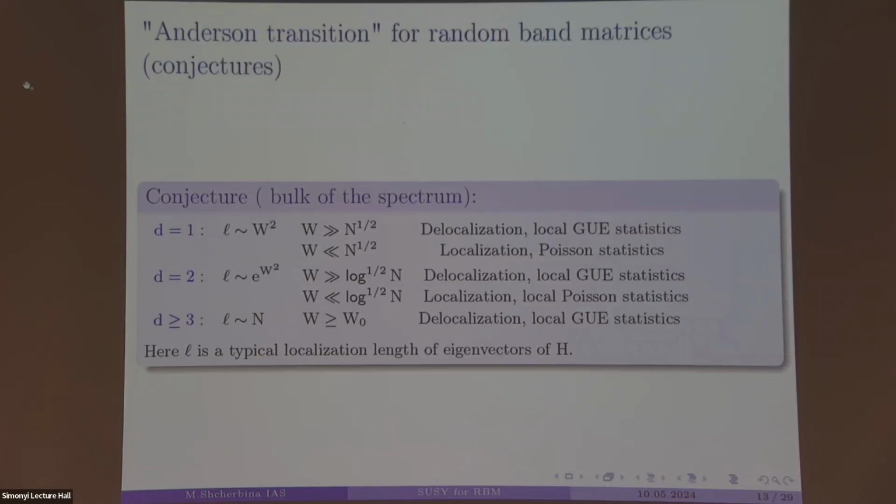For d equal to 2 the threshold is the square root of the logarithm, and for d bigger than 3 the threshold is some fixed W0. Today I will speak mainly about d equal to 1, and there are not so many results even for d equal to 2. There are also some results for d equal to 2 and d more than 7, for example a paper of Yau and Yin, but today I'm not going to discuss them.